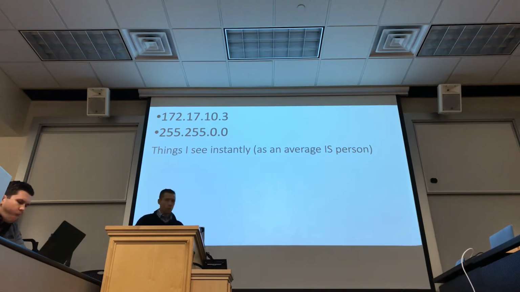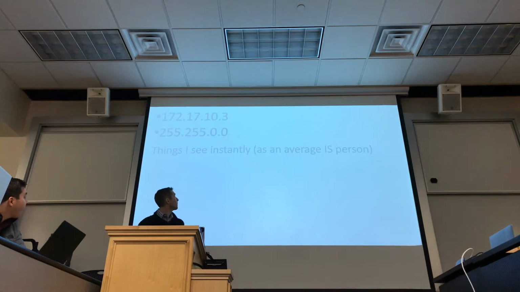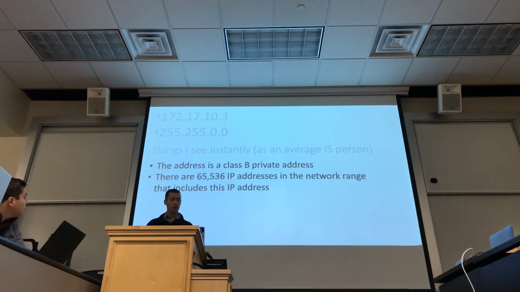When I see an IP address like this, and a subnet mask like this, which happens to be the equivalent of /16, here are the things that I instantly know. I know it's a class B address. I know there are 65,536 IP addresses in the network range that includes that IP address.